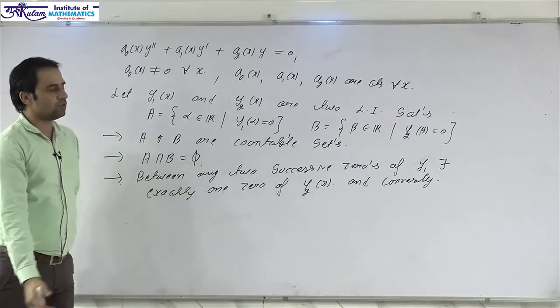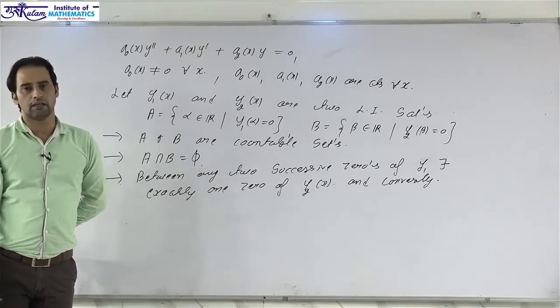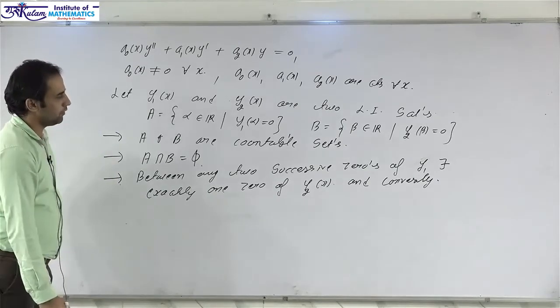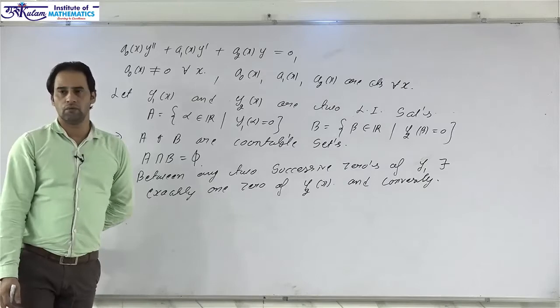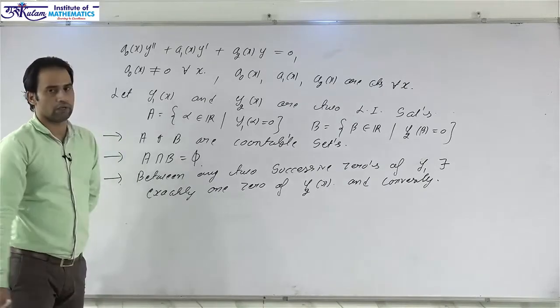That is, the zeros of y1 and y2 are in alternate form. If the first zero is of y1, then the next zero must be of y2 and the next zero is of y1.